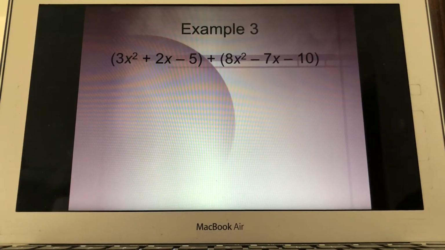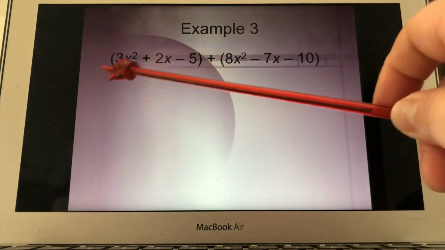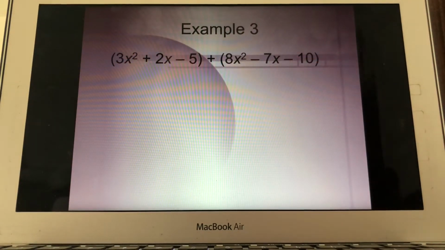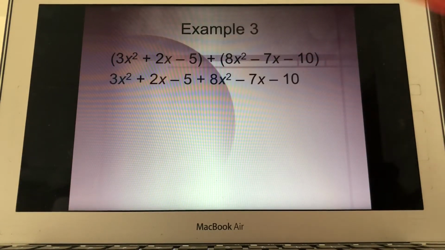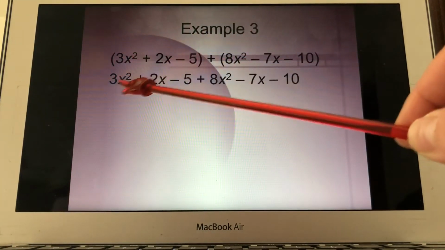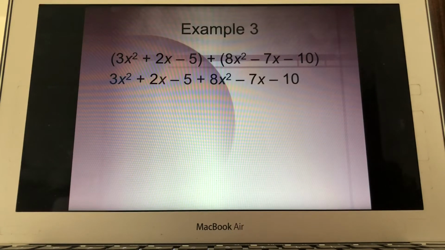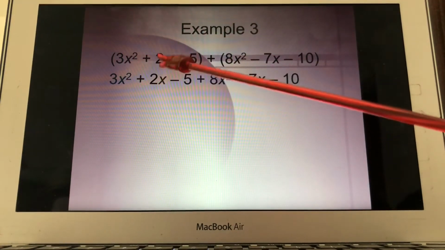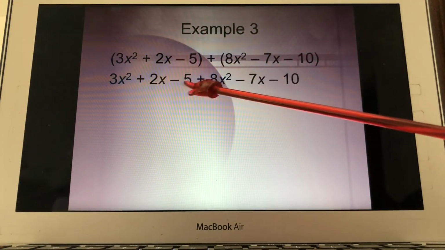Let's arrange these horizontally now, okay? And so if we have these all the way across, we have to see how we can combine our like terms. First, we have the x squares, okay? And then you have the x's, and then you have your constants.